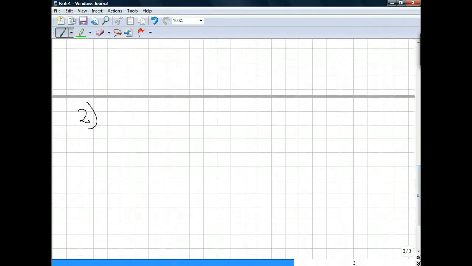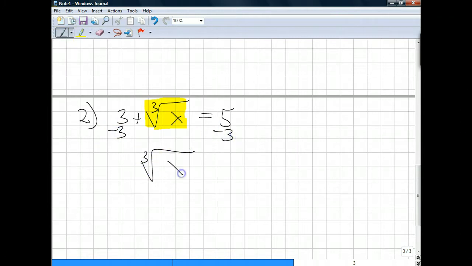Number two, so I have 3 plus the cube root of x equals 5. All right, now in this one, the first step is to isolate the radical. So I want to get this all by itself. So I'm going to subtract 3 from both sides. Okay. Then now the radical is isolated. Next step is to get rid of the radical by raising to the same power as the index.